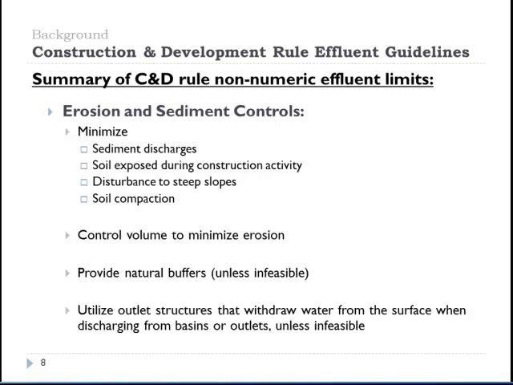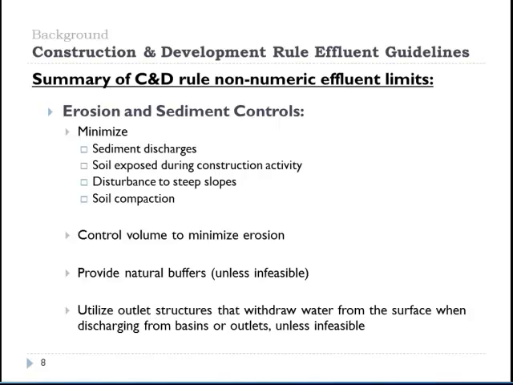And what's unique about these requirements is that EPA intentionally left the specific details as to what the permitting authority might mean by minimizing sediment discharge, say, to the permitting authority. And for that reason, as we'll be talking about later, EPA took the language from the C&D rule and elaborated in the permit on what kinds of measures, what kinds of procedures should be implemented to comply with that limit.